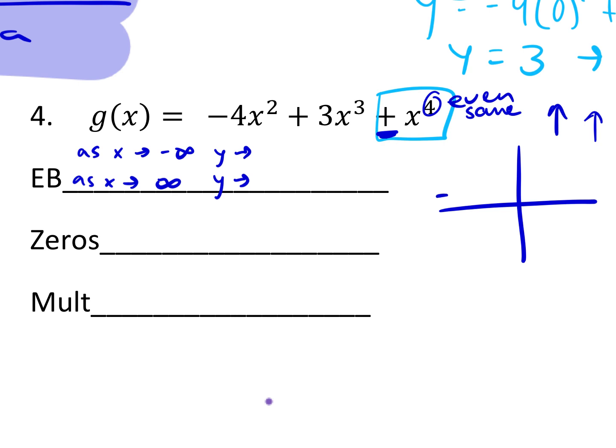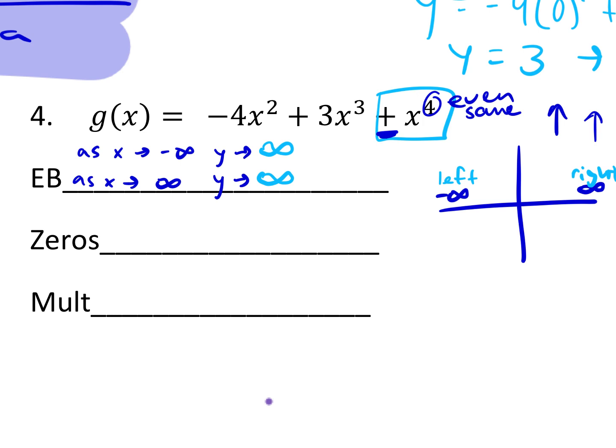But on our graph, -infinity would be on the left side, and positive infinity is on the right side. So what is our left arrow doing? It's going up. Is it going up to positive infinity or negative infinity? To positive infinity. What is our right arrow doing? It's also going up to positive infinity.